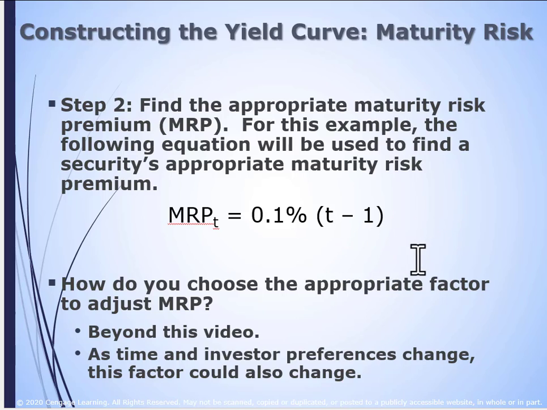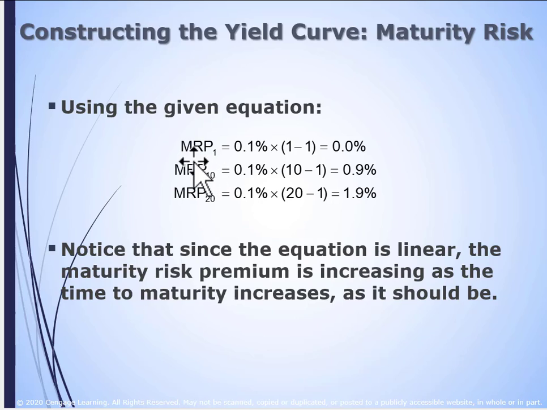If it's 10 years, what is the maturity risk premium for a 10-year security? 0.1 times 10 minus 1, so it would be 0.1 times 9. That would be added in our formula. So let's see how this works. Maturity risk premium here, I had that's 0.9. 20 years, 20 minus 1, that's 1.9. This is a linear addition to the actual calculation of interest rate risk.